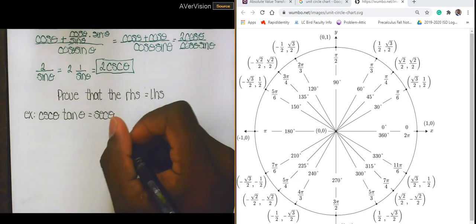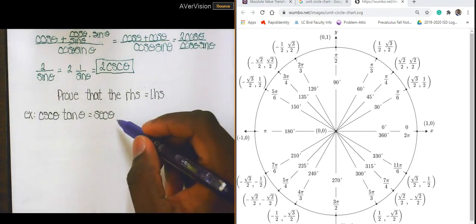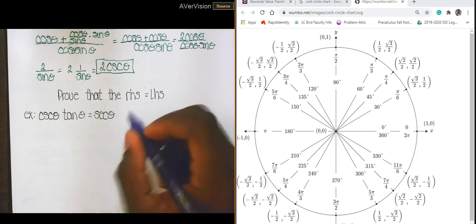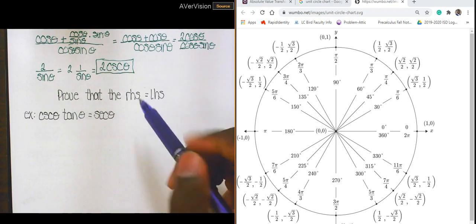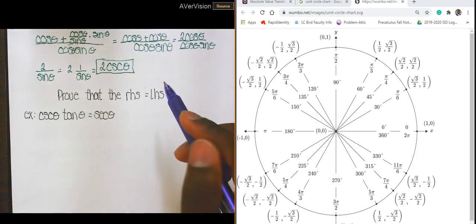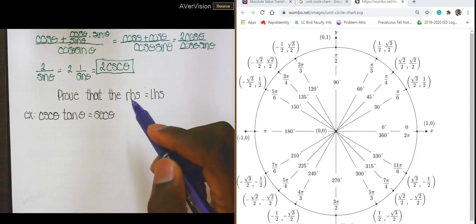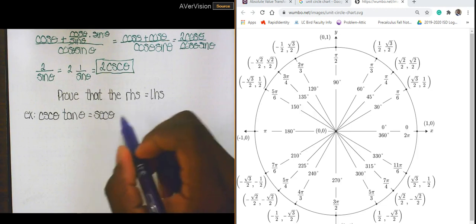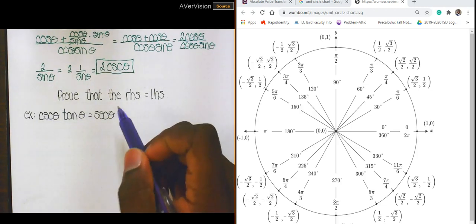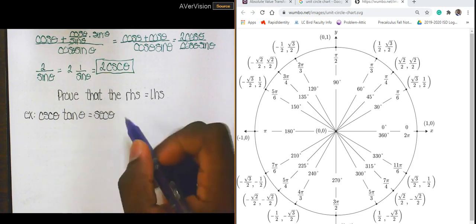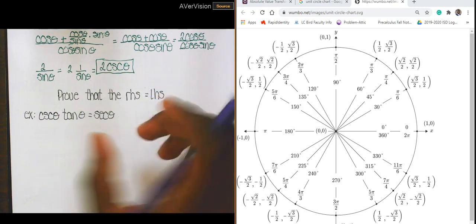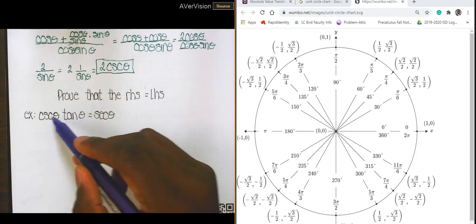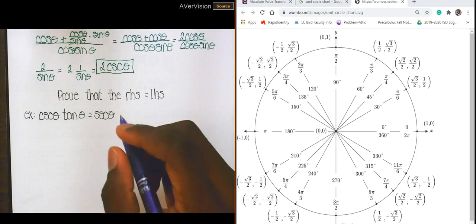If we make the secant 1 over cosine, does that help us any? So let's leave the right-hand side alone and focus on the left-hand side because that looks more complicated. Let's change cosecant and tangent in terms of cosine and sine.